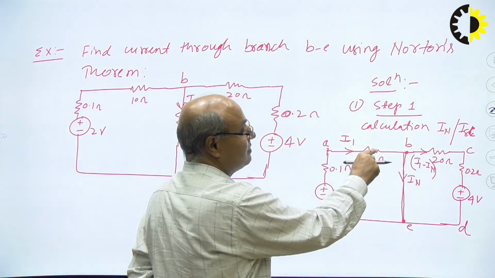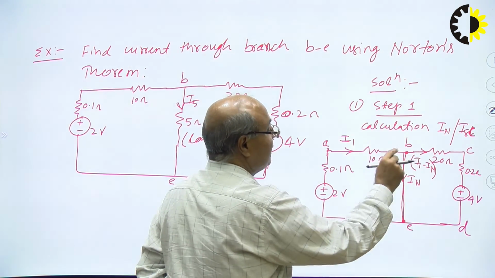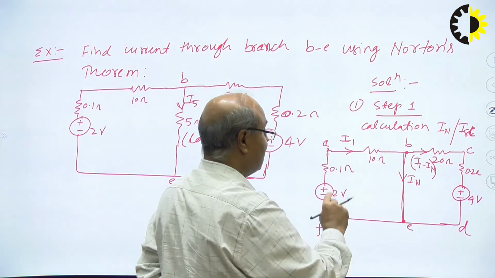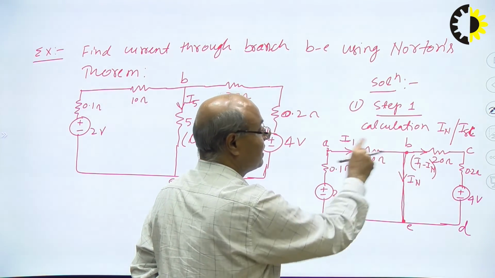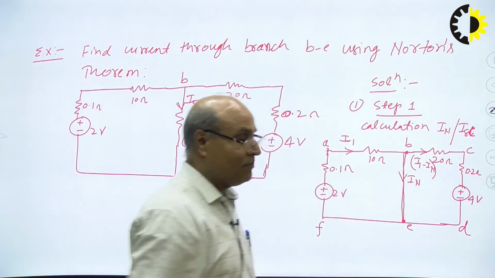Total current I1, assuming IN is going this side, so the remaining current, that is I1 minus IN, is going in this branch. Now the current in this branch is known, the current in this circuit is known, so we can apply KVL.